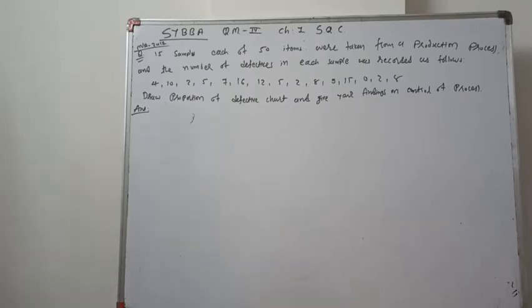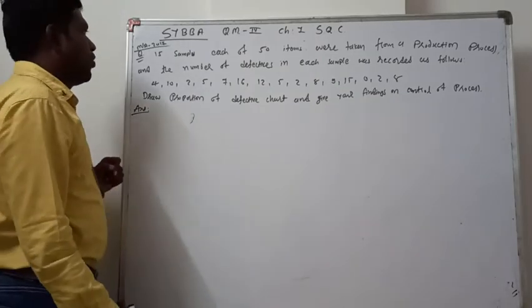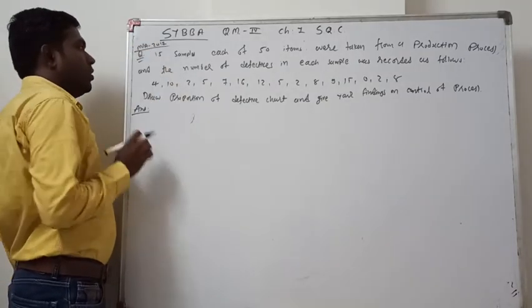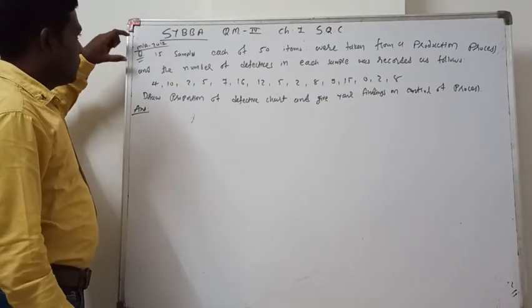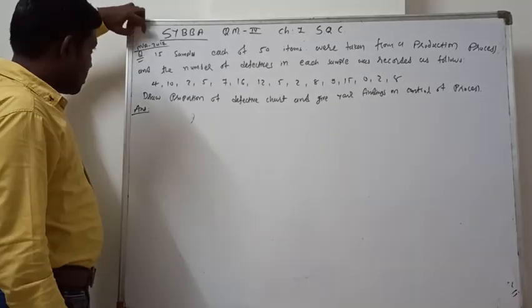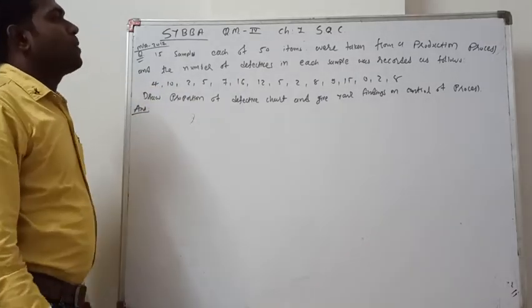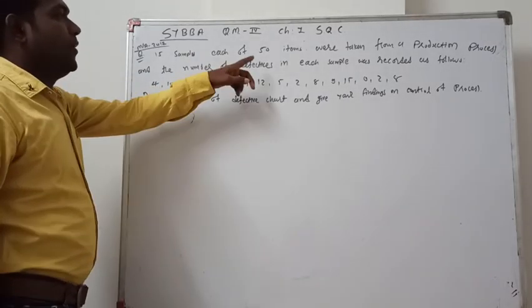Now we will take one question for P chart. This question was asked by the university in March April 2017. 15 samples, each of 50 items.